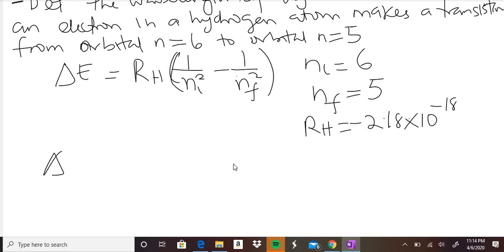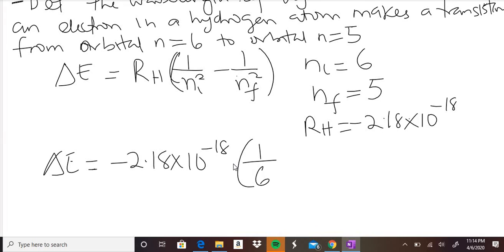So we have our delta E to be negative 2.18 times 10 to the negative 18 times 1 over 6 squared minus 1 over 5 squared.